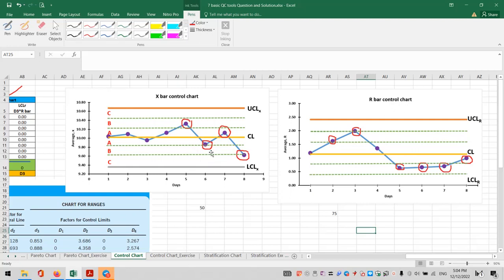We observe that about 4 points at the region A and B. Region A and B. Also process is also considered as out of control.